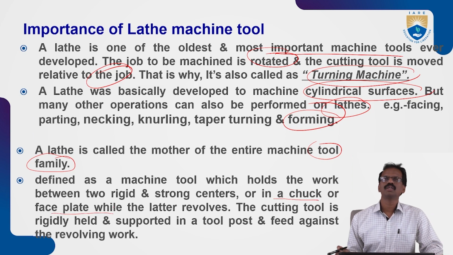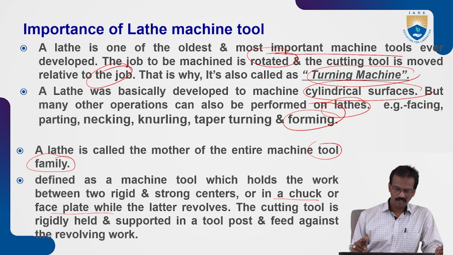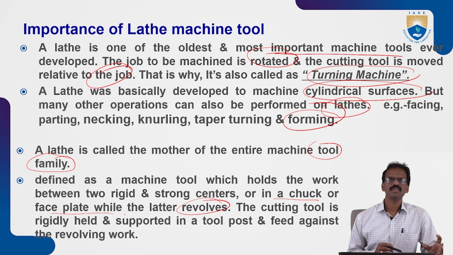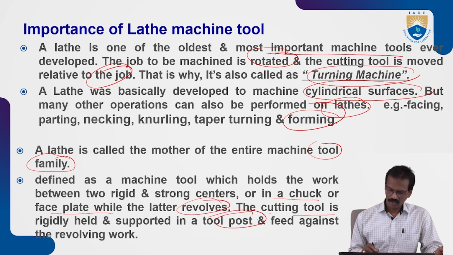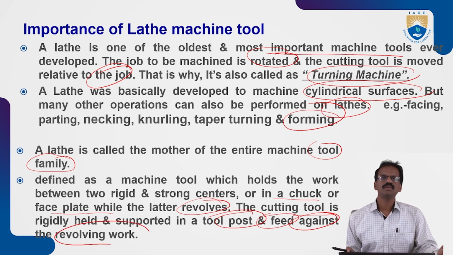So different parts are there to hold the workpiece, either in a chuck or face plate, while the lathe revolves. The chucks and the face plates hold and give the rotating motion to the workpiece. The cutting tool is rigidly held and supported in a tool post, and fed against the revolving or rotating workpiece.